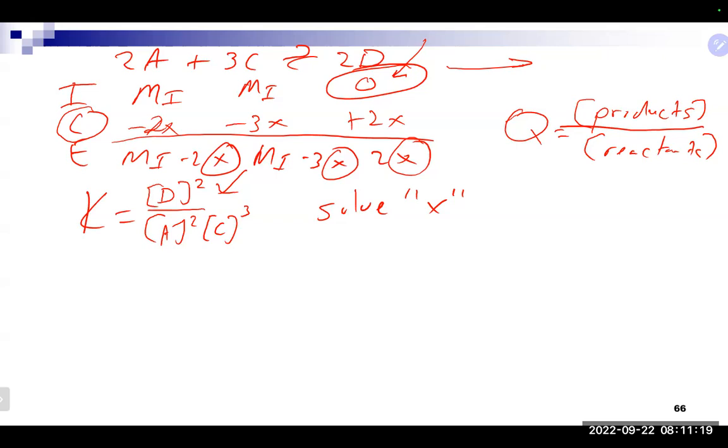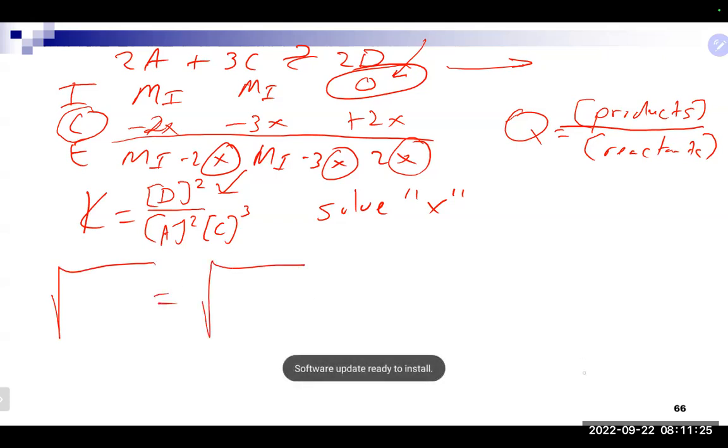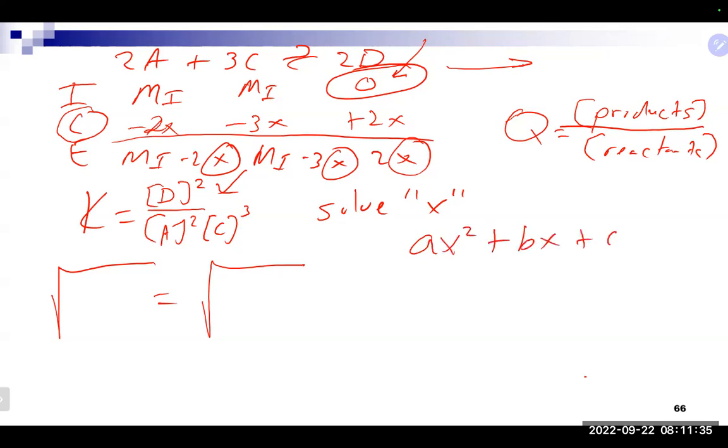Remember that if you do have a perfect square situation, which sometimes does occur, then you could do that, and it's much easier on the math. If you don't, a lot of times you will end up in that quadratic situation, where you do need to use the quadratic formula to solve it.